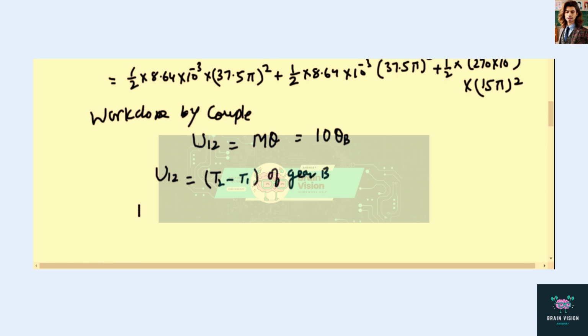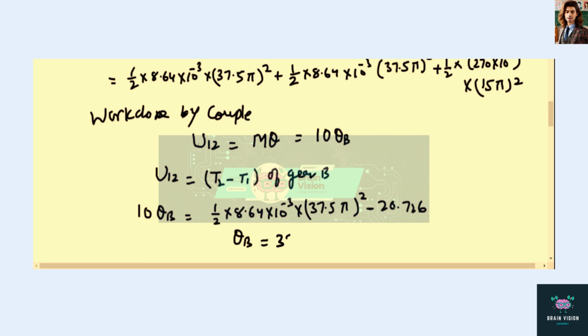T2 I have calculated directly. I am substituting the value here, and T1 we know. So on solving it, theta B you will get 39.898 radian.